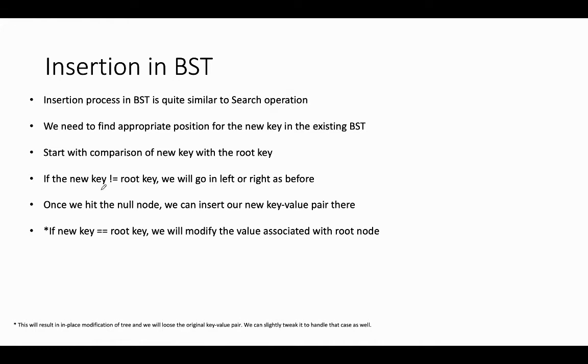But for all other practical purposes, this is good enough and it works well. If you need to modify this algorithm to handle and insert values which already exist in the tree, then we will have to tweak this algorithm slightly to handle that case.